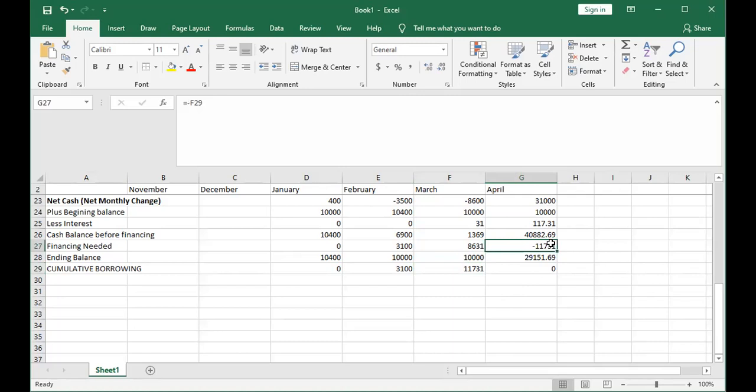That's why the financing needed is negative, because the company pays instead of getting the amount. When it is negative, it means there is a cash outflow from the company. Okay, so that's all for financial planning. Basically, financial planning tells you what the cash budgeting is.